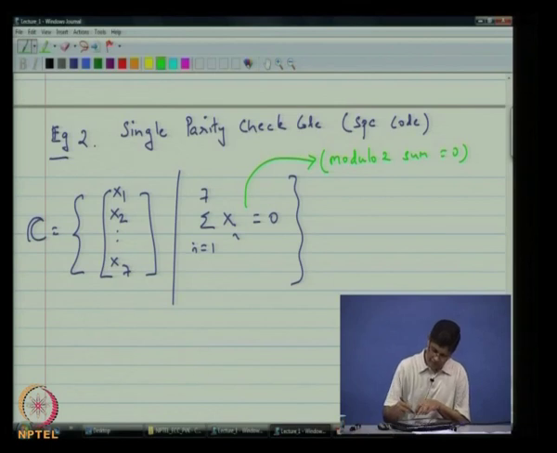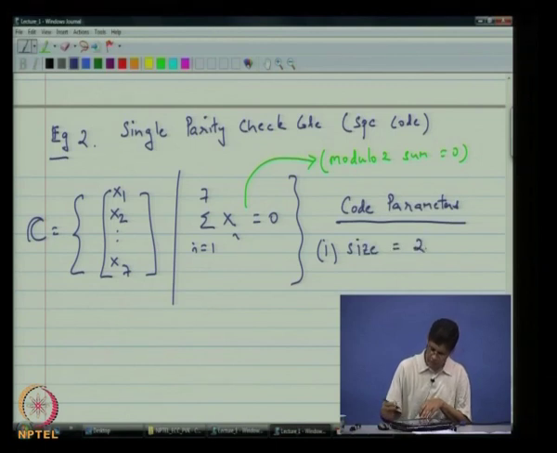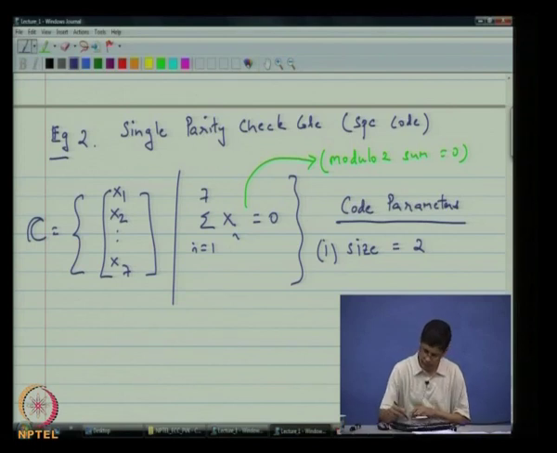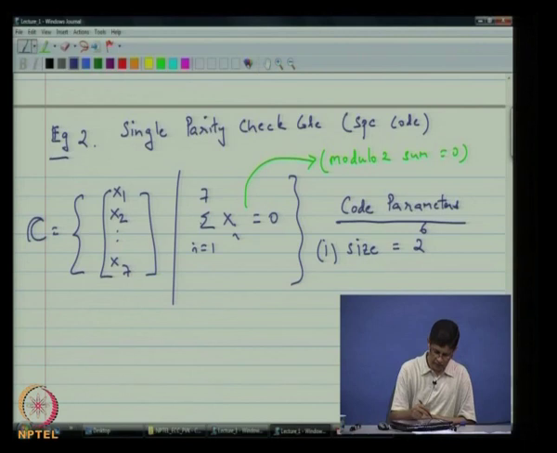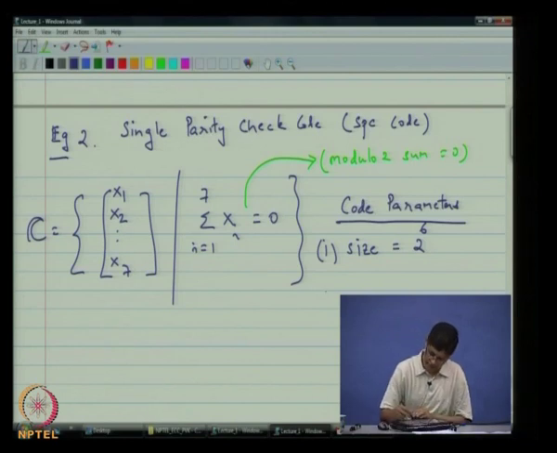Now, again with regard to code parameters, you have that the size of the code is 2 to the 6, and that is not hard to see, because after all you can choose the first 6 components arbitrarily, and the 7th symbol gets fixed by the parity constraint.